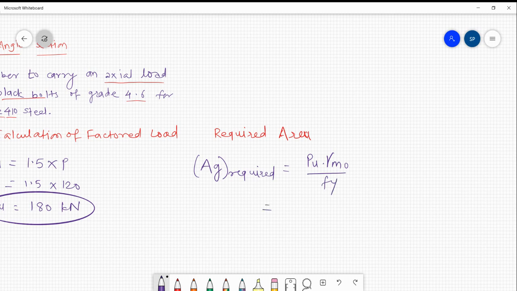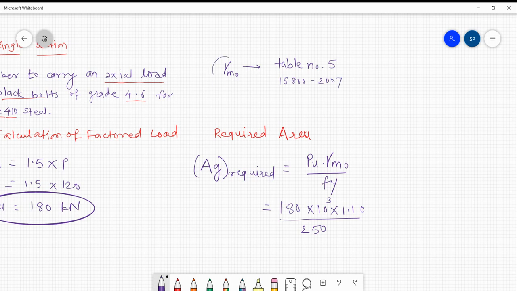Now PU we have already calculated, it's 180 kilonewton. So convert it into Newton, 180 into 10 raised to 3. Gamma M0 is 1.10, divided by Fy value, which you will get from the given data, it's 250. Now where have we got this 1.10 from? Gamma M0 is a value from table number 5 of IS 800 2007.